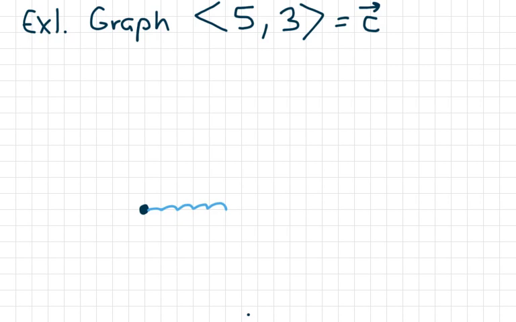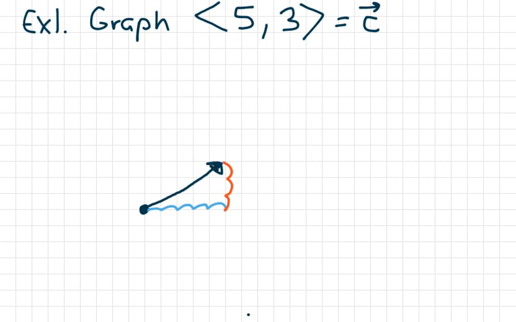And I said up 3, yes? 1, 2, 3. So my vector would start where I started and end right there. That was a really sloppy one without a ruler. It's a whole lot easier with rulers.